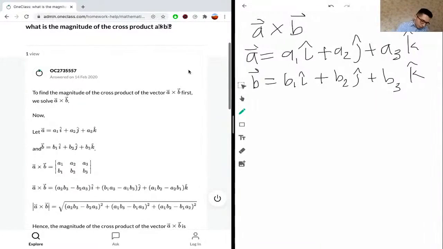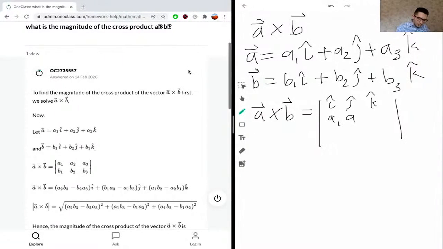So here we'll do A cross B. A nice way to look at this is to draw the following: we'll have i, j, k, and we'll have A1, A2, A3, and then B1, B2, B3.